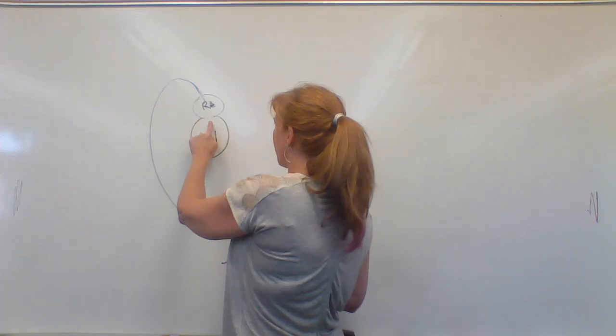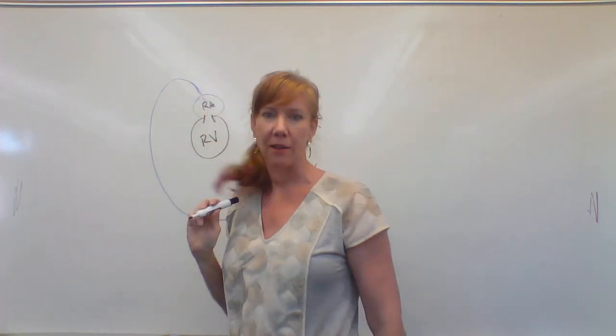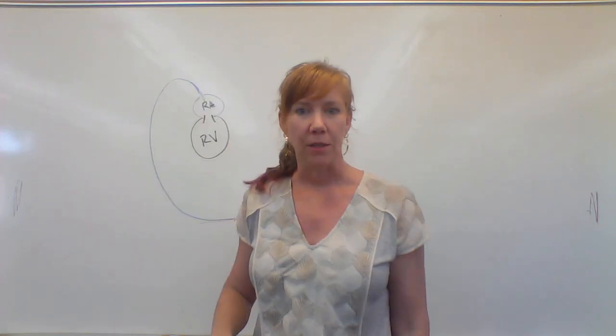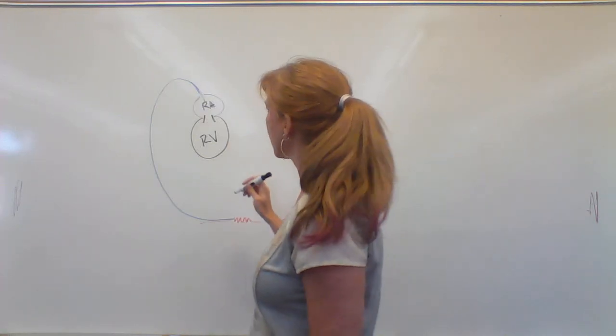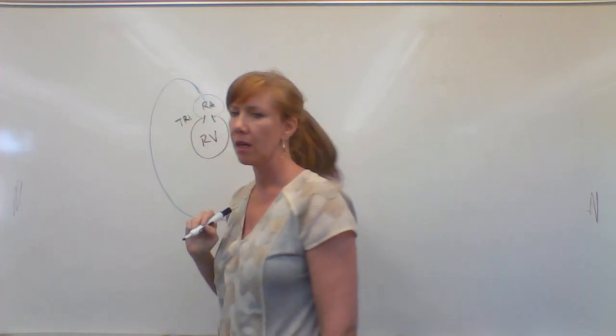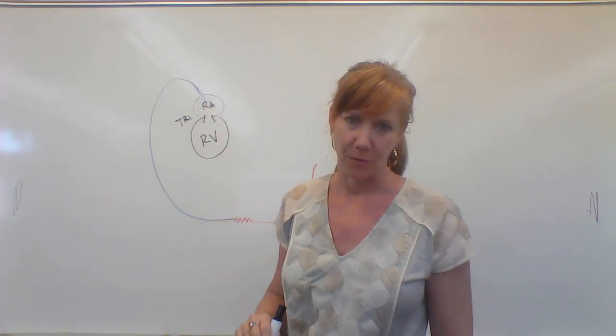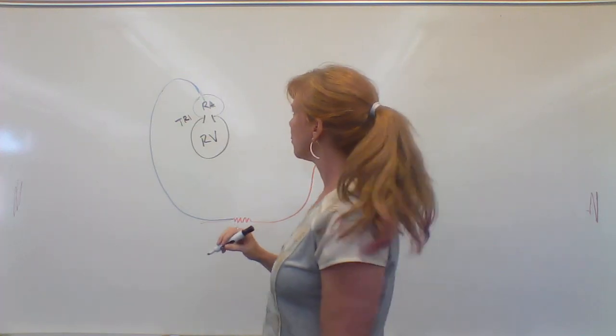And we do have a valve, an AV valve right here between the right atria and the right ventricle. So think back, what's the name of that valve on the right side of the heart? That is the tricuspid. I always think tri-right. I don't know why. It doesn't rhyme, but that works for me. Tri-right.